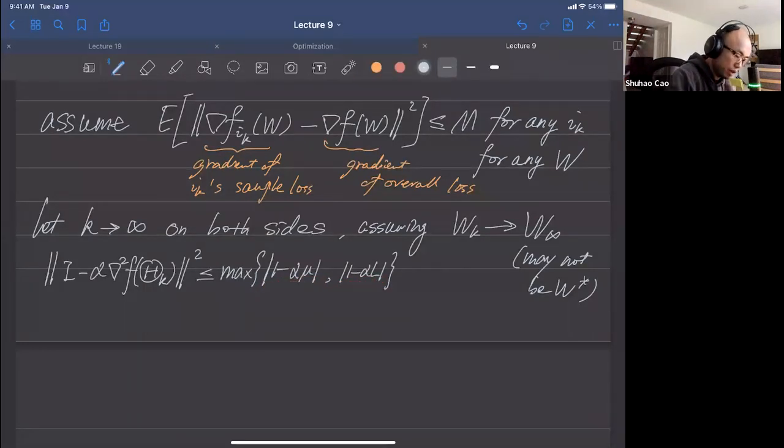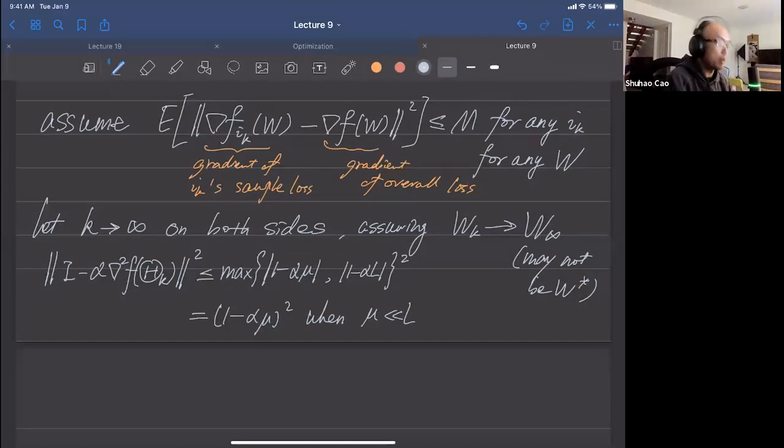So we have the square, which means this equals 1 minus alpha mu squared when mu is much less than L.